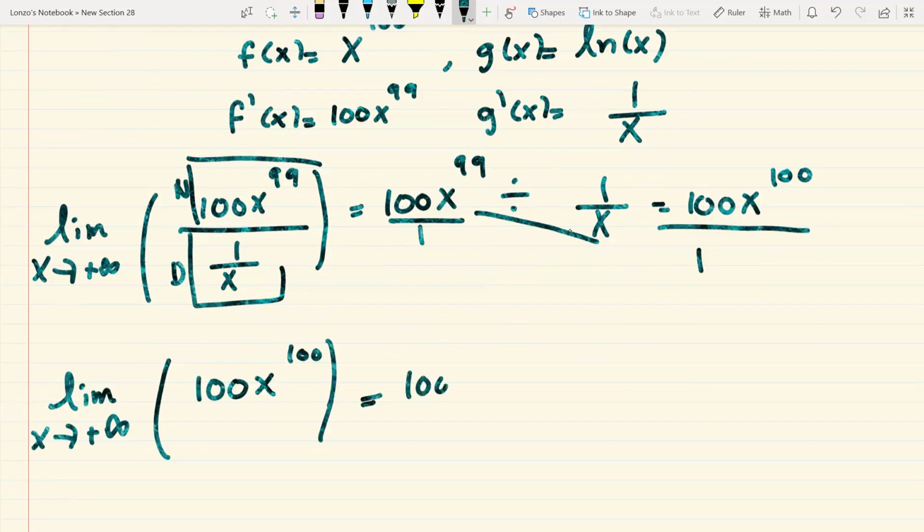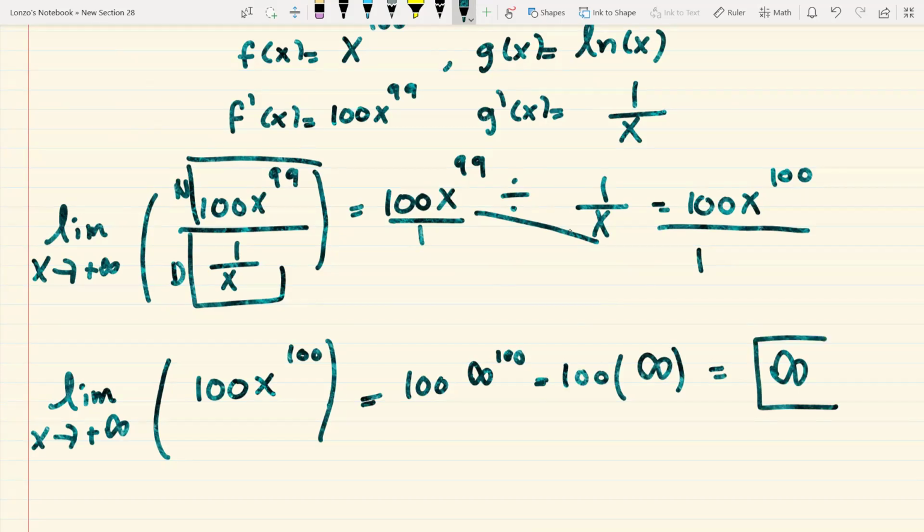So it's 100 times infinity raised to 100. What's infinity raised to 100? It's infinity, right? And then what's 100 times infinity? It's just infinity. And that's still a valid answer, right? We can have infinities, we can have negative infinities. So this works. So our final answer is positive infinity.